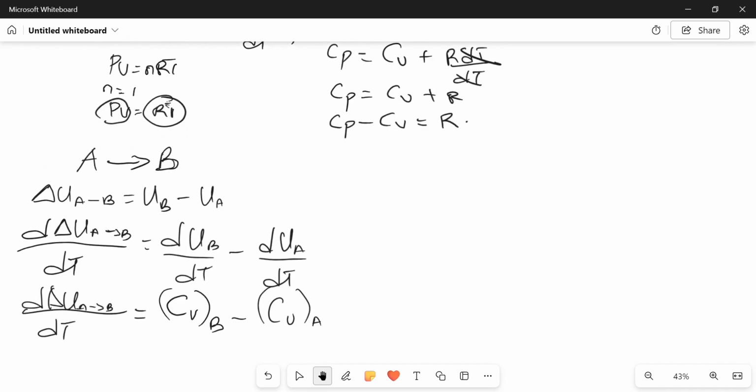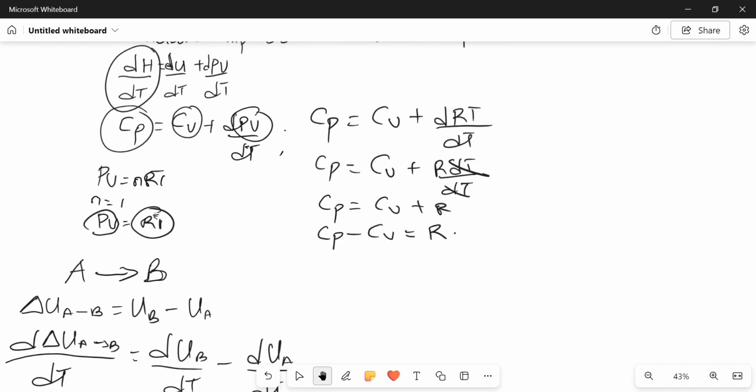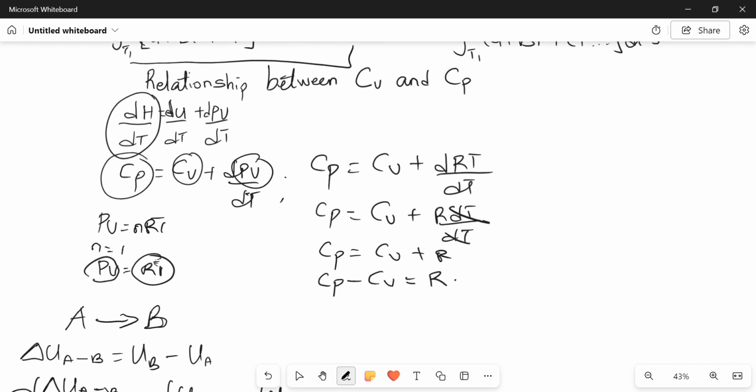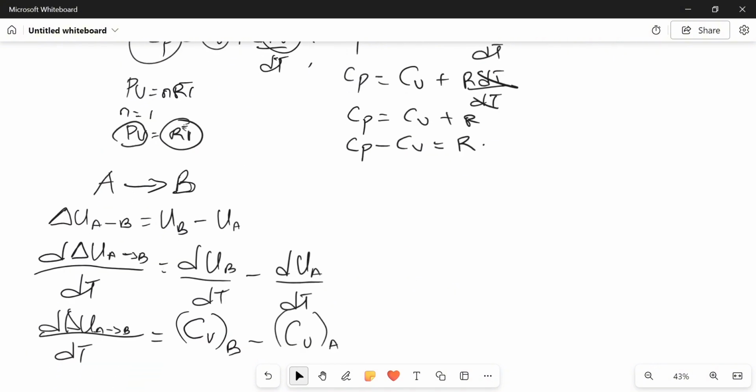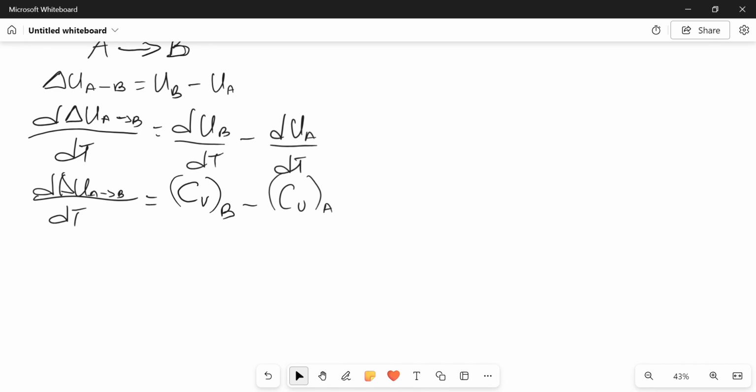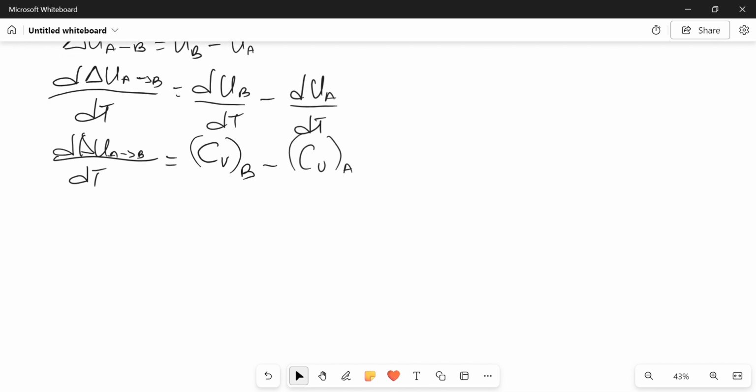Now don't forget that dU over dT is equal to Cv. Anytime we have dU over dT, it is equal to Cv. So we should not forget. Good. Okay, so let's move on. So with this, this is equal to our change in Cv. Good, because we are moving from A to B.